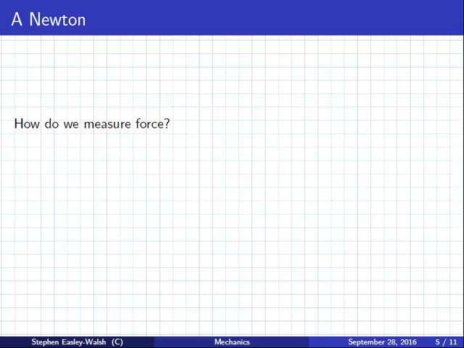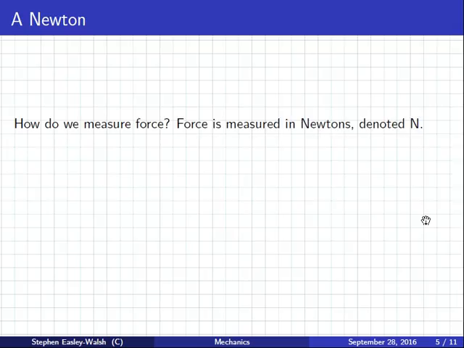Like if I said 1 Newton of force. The amount of force applied on an object that causes it to move with 1 meter per second squared acceleration. Come on, you're nearly there. To be continued. Okay, alright.